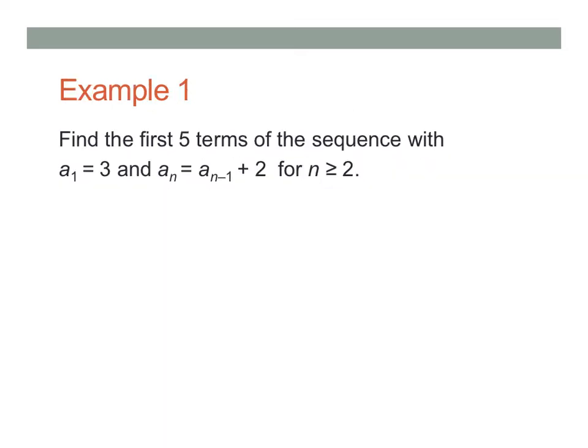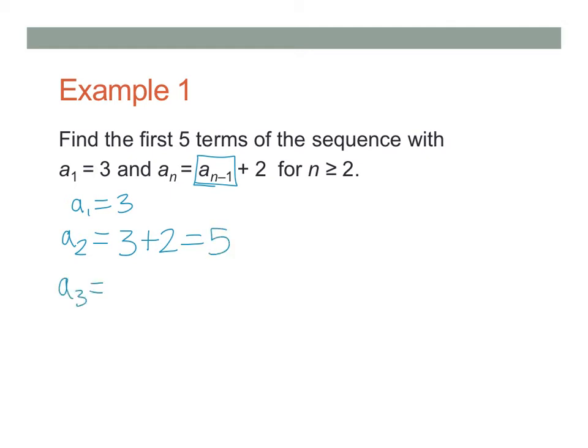Example 1. Find the first 5 terms of the sequence with a sub 1 equals 3 and a sub n equals a sub n minus 1 plus 2, for n is greater than or equal to 2. Okay, so we know that our first term of the sequence is 3. So now to find the second term, a sub 2, we take the previous term, which is 3, and add 2 to it, giving us 5.